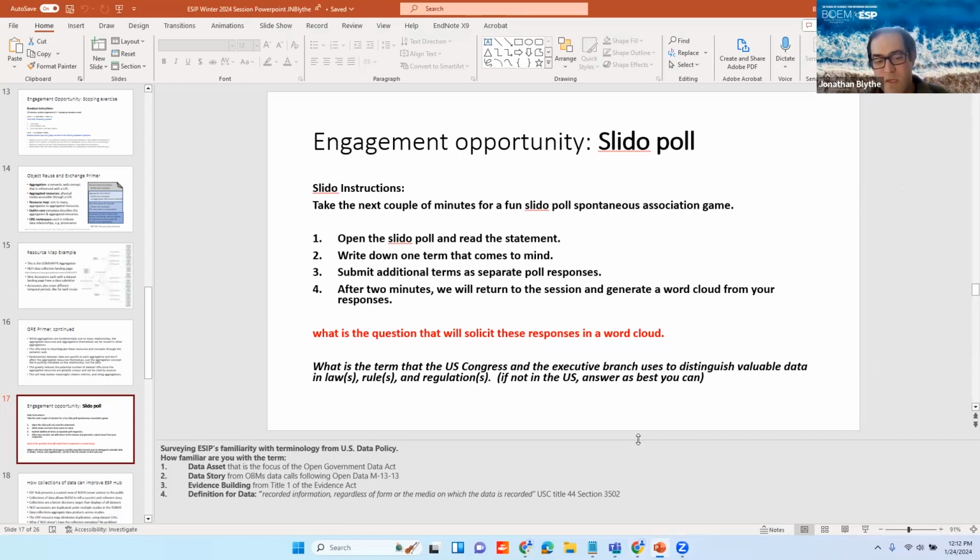There's also the term evidence building, which is new under Title I of the Evidence Act, and agencies are responding to it now. And even the definition of data that the U.S. government uses, you can look this up in U.S. Title 44, Section 3502. So it's just interesting that we're coming from a different baseline, and that might indicate our different use cases, but who knows?